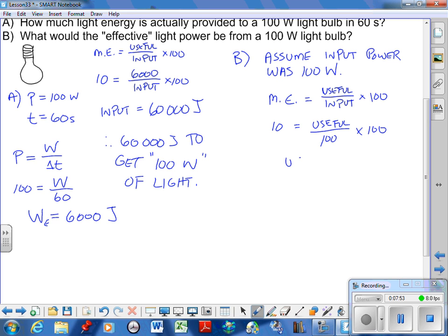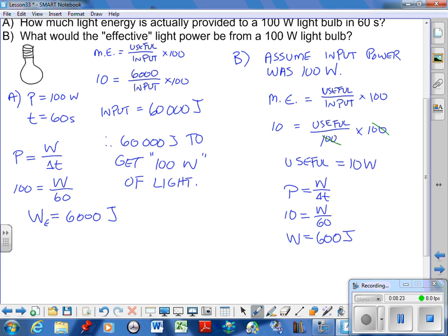So the 100s would actually cancel here. Useful is 10 watts, which if we use our power formula, W over delta T, so 10 watts times 60 seconds, 1 minute, equals 600 joules of energy.